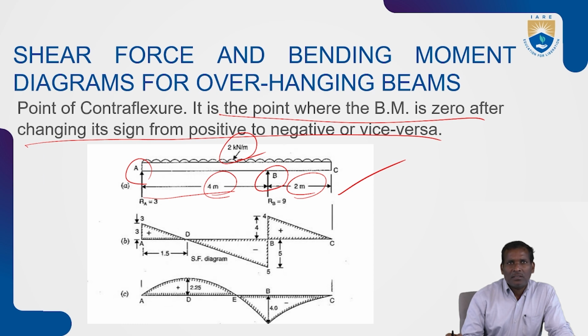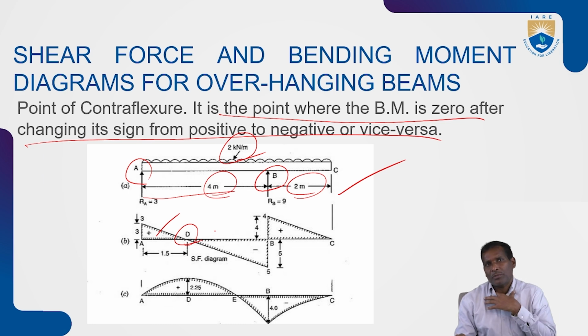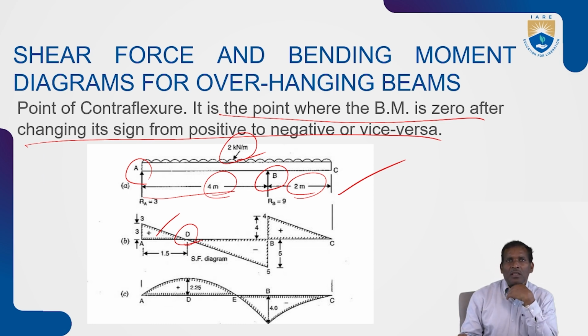Here the shear force is positive at RA, and it changes from positive to negative at point B. Then at point C there is no shear force. Similarly, the bending moment diagram is also shown for this given beam.